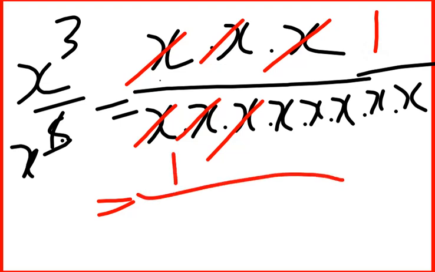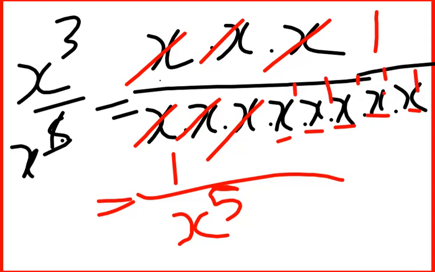So if you cancel everything, you don't stay with 0, you stay with 1. And on the bottom we have 1, 2, 3, 4, 5. So that's x to the power of 5. Because we have learned that if it's times, times, times, you can say 1 plus 1 plus 1 plus 1 plus 1, and that's 5, x to the power of 5.